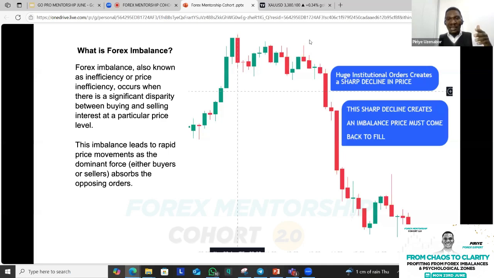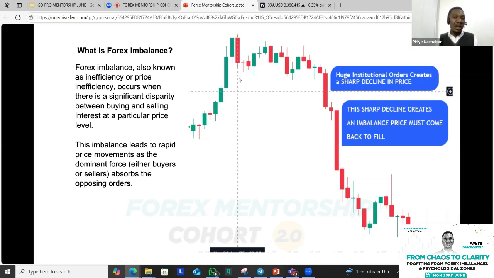For example, this is a clear example of what we're talking about. We have an efficient market here, closing price touching opening price, touching closing price. We have pretty much an efficient market here. But when it came down to this side, you see something like a huge drop in price.